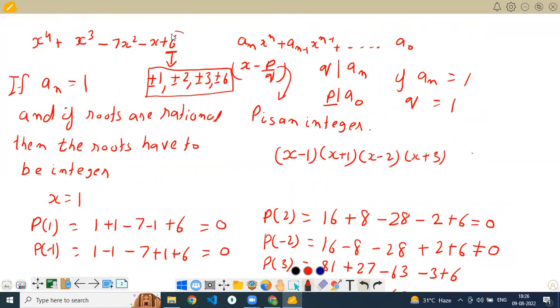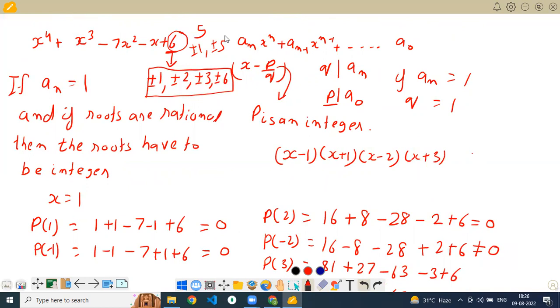So instead of doing hit and trial, suppose this number was not 6, suppose this number was 5, then I can only say the rational roots will be plus minus 1, plus minus 5. So you don't have to try with plus minus 2, plus minus 3, plus minus 4.